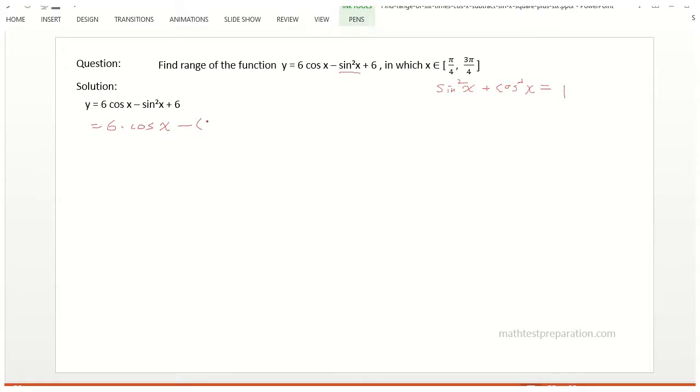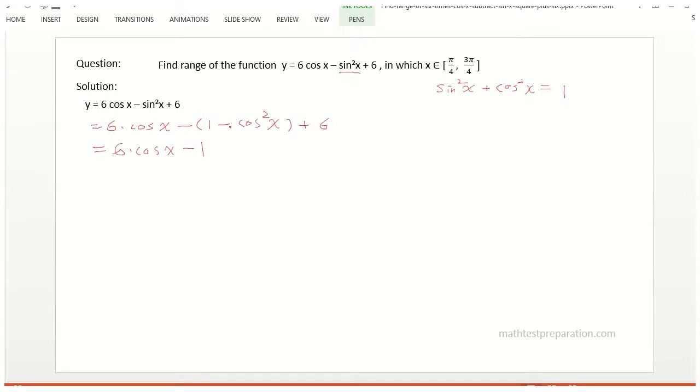Sine x squared equals 1 subtract cosine x squared. So here is 1 subtract cosine x squared plus 6. So y equals 6 times cosine x subtract 1.